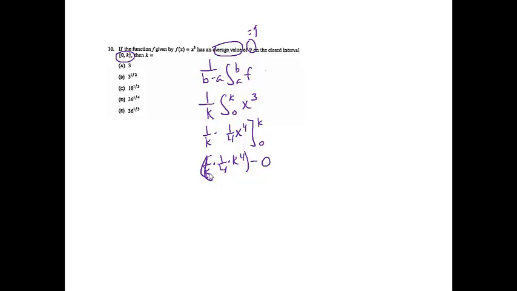So simplifying this, my k's can simplify to give me k to the third over 4. That's as far as I can go, and I know that my answer has to equal 9. So if I cross multiply, I'm going to get k cubed is equal to 36. And to get rid of the third power, we can raise both sides to the 1/3 power. So k will equal 36 to the 1/3 power, which is choice E.